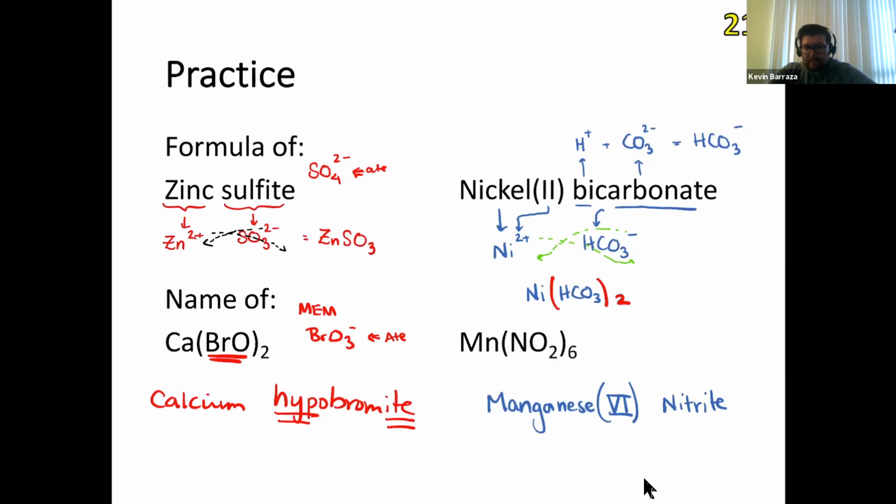So manganese 6 nitrite. Why is it 6? Because I know that nitrite is going to be a -1 charge because we are going to memorize that. So by process of deduction, if I need 6 of these to balance out 1 of these, that's 6 minus charges, means that manganese by itself must have a +6 charge. So this would be manganese 6 nitrite.